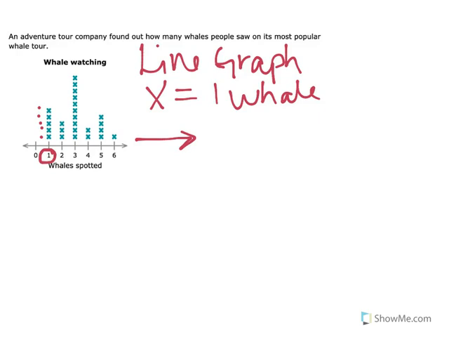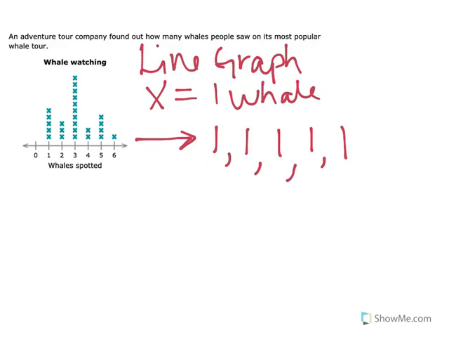That means on one of the trips I have 1, 1, 1, 1, 1. So that is my 5 X's that are represented above the 1. I will do the same thing with every other number on my line graph.